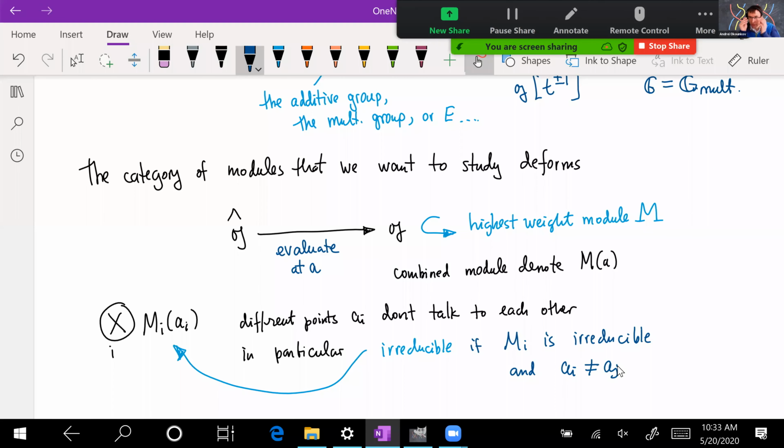This is not a very interesting category, and so in particular, any map between such things will have to be either zero or invertible.